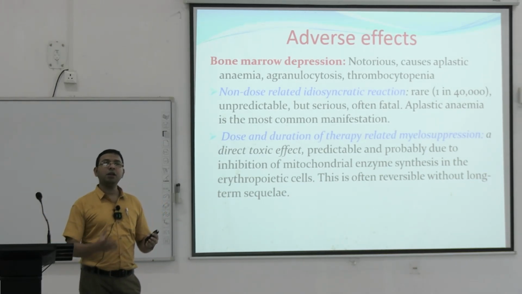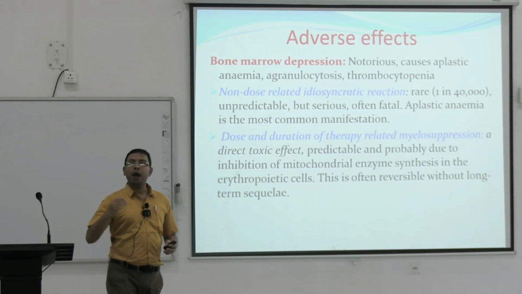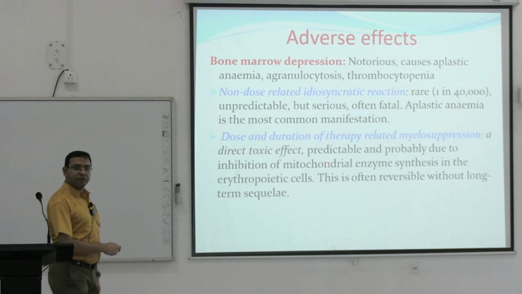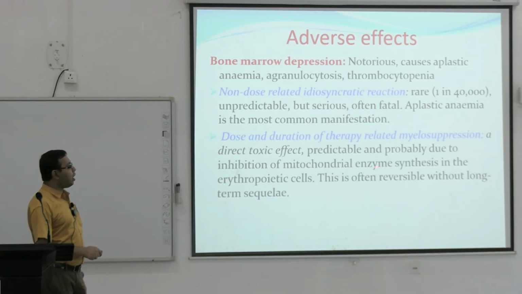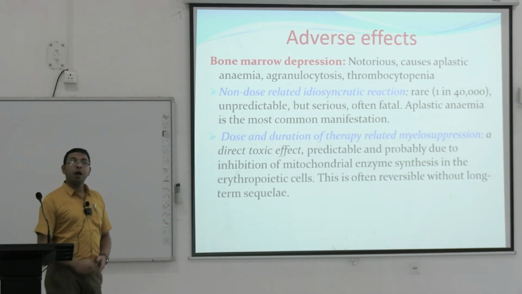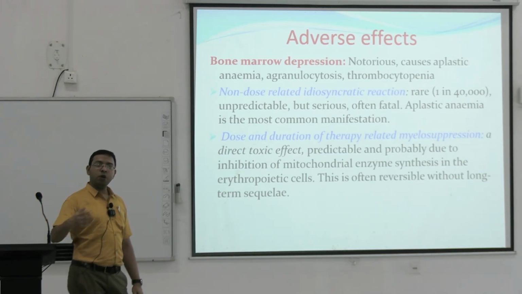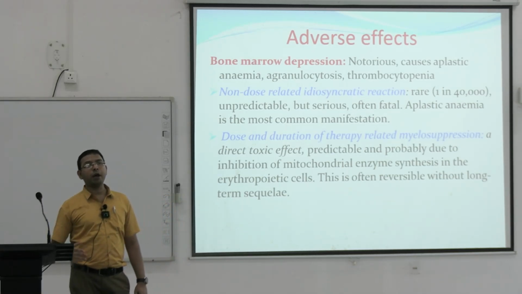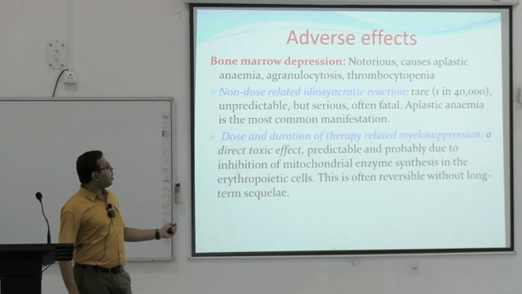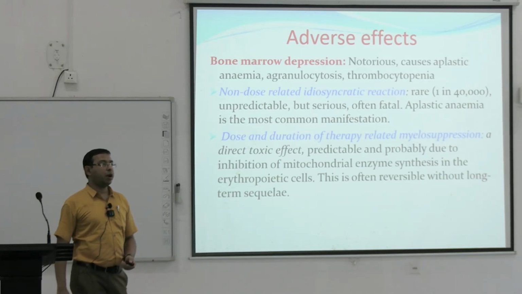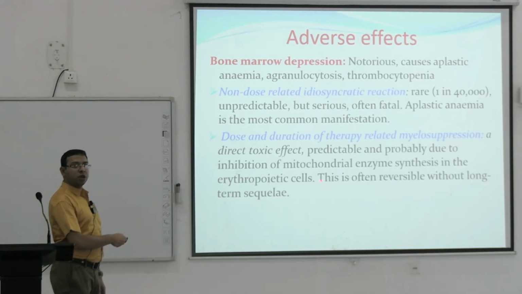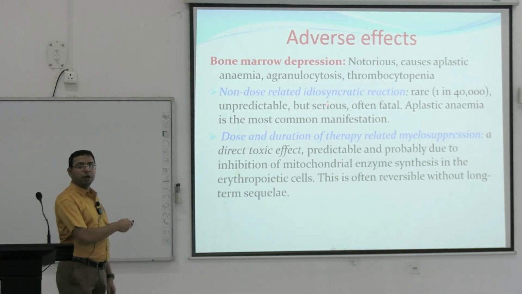Otherwise, if we are using chloramphenicol for a long period of time, that also ultimately causes bone marrow depression, a direct toxic effect on the erythropoietic cells. So we can predict this. We know that if we are using this in high dose, or for a long period of time, ultimately bone marrow depression happens. But this idiosyncratic reaction we cannot predict. It is usually not reversible, it is usually fatal.